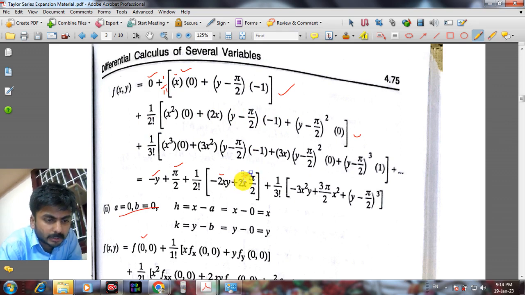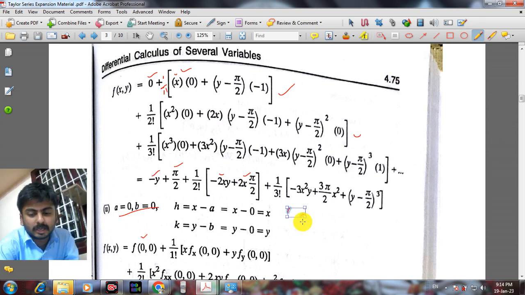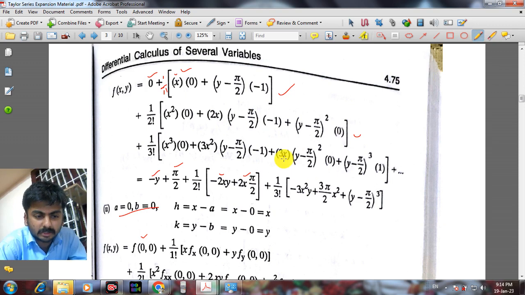But they have not cancelled. Actually, you may think these two terms and these two will get cancelled, but it is not like that. You should not cancel. Why should we not cancel it? Because the pi by 2 here comes from the cos term, which will be taken as an angle, so we are not supposed to cancel that.